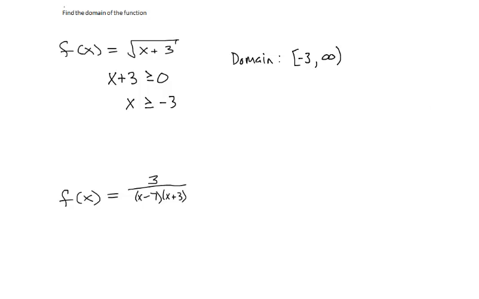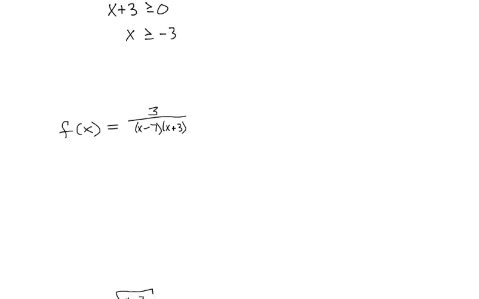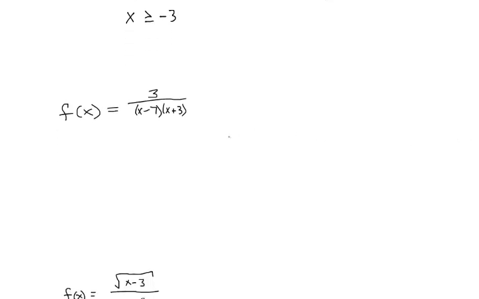In this next example I have f of x is equal to 3 divided by x minus 7 times x plus 3. And in this function, remember the denominator cannot equal 0. So our denominator equals 0 when x is 7 or x is negative 3.